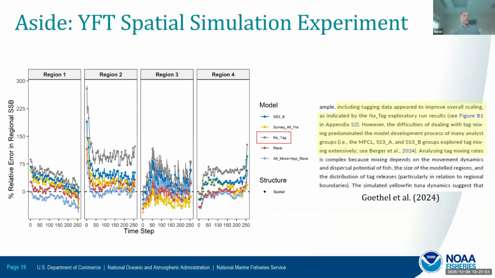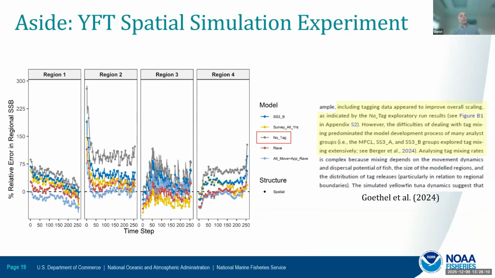And so we did one post hoc analysis that I did just want to point out. Basically the gray line is a 4-region spatial model, just without using the tagging data. And then the dark blue line is the base spatial model that one of the groups developed.